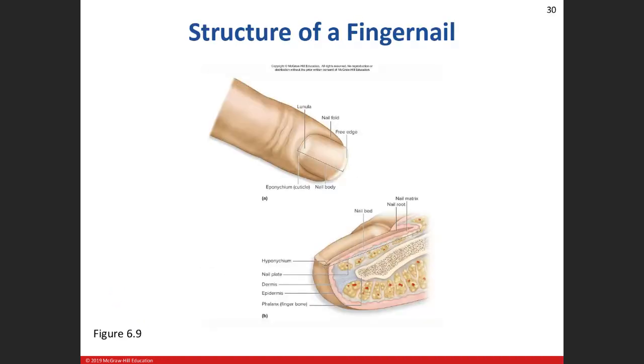So let me zoom in here a little bit. Here's the whole nail plate, and then here's your nail root. You can't see that. And right below it, we have our nail bed right here. You can see it's a kind of pink-like structure. That is living epidermis.